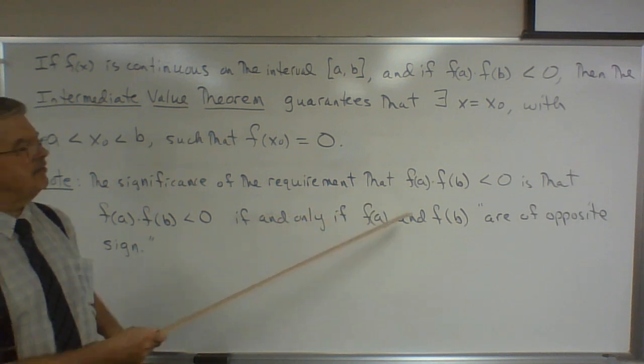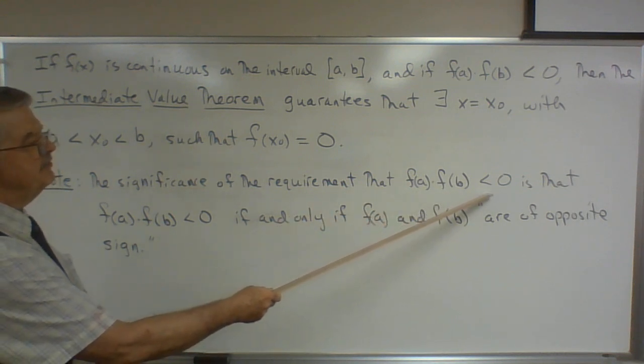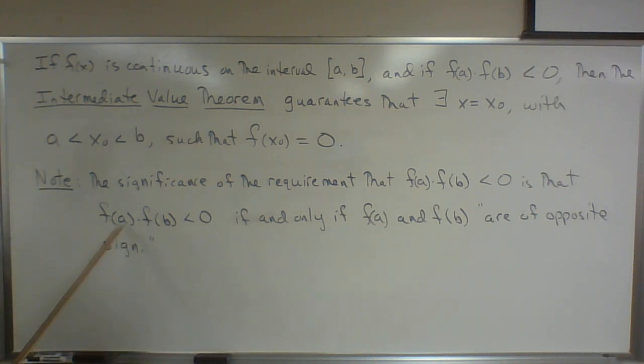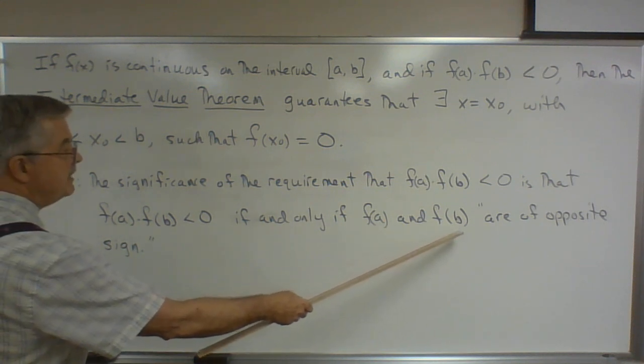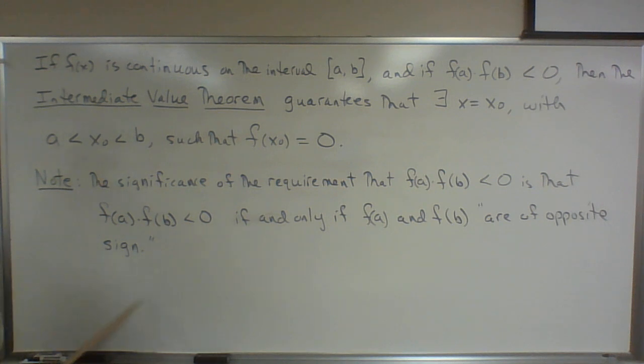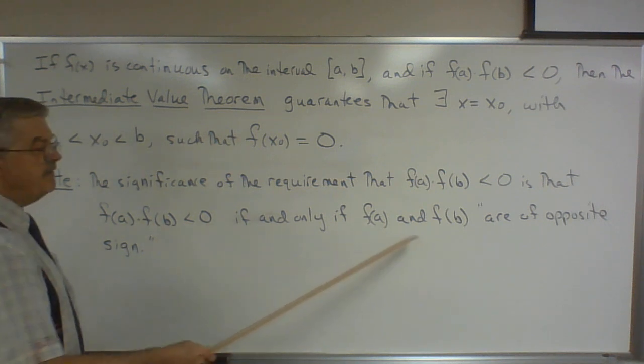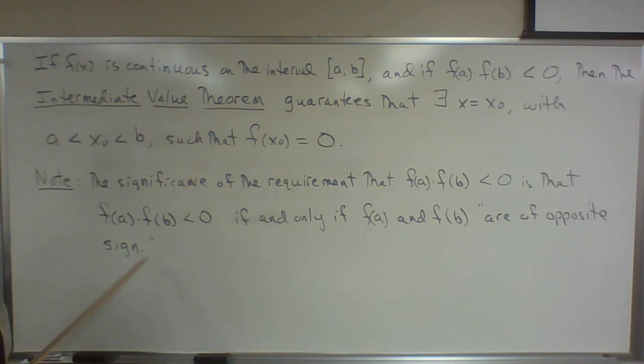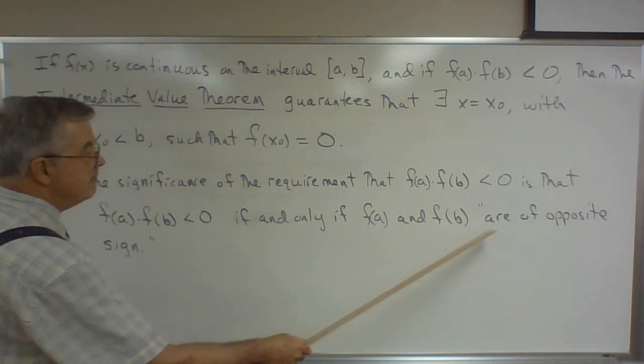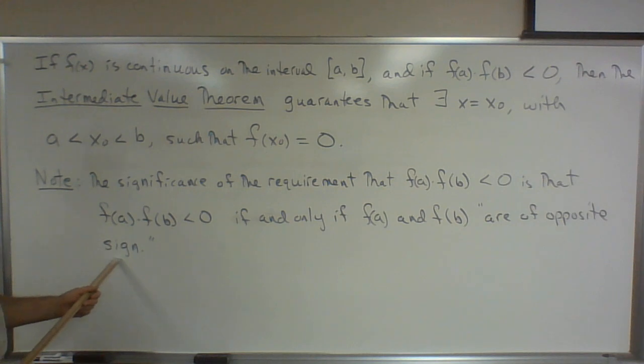The significance of the requirement is that f of a times f of b is less than 0 if and only if f of a and f of b are of opposite sign. So if f of a and f of b are of opposite sign, then f of a times f of b is less than 0. And if f of a times f of b is less than 0, then f of a and f of b are of opposite sign.